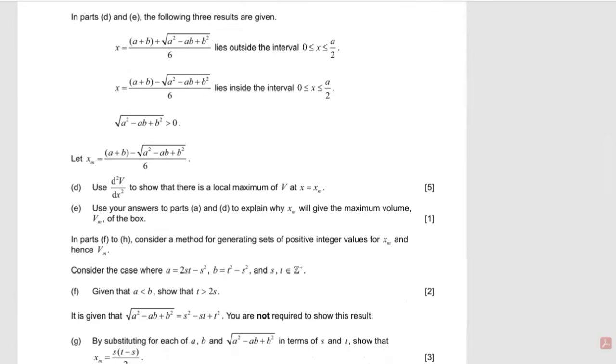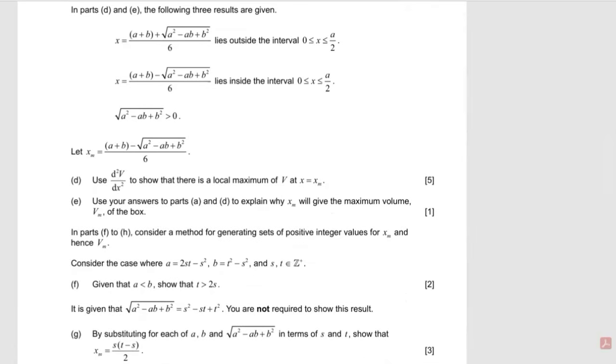Okay. So they are saying let X sub M equal A plus B minus square root of A squared minus AB plus B squared, divided by 6. Part D: use the double derivative of V to show that there is a local maximum of V at X equals XM.